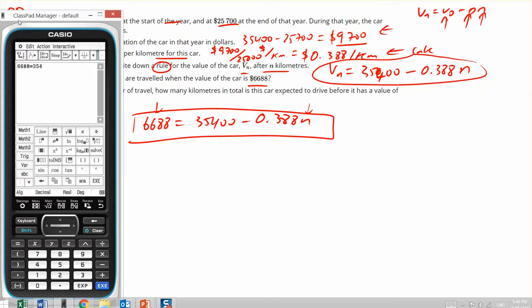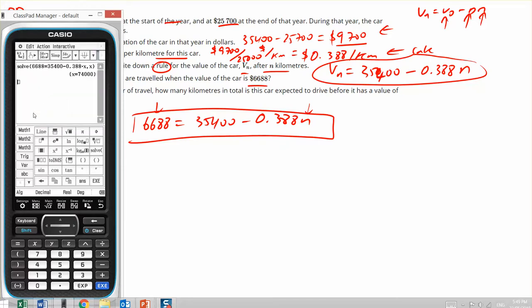What I do expect you to do is know how to set up the equation. It takes practice, but it's not impossible. Instead of n, I'll just use x here, because it's more accessible. So you type in the equation as is, highlight, interactive, advanced, solve.